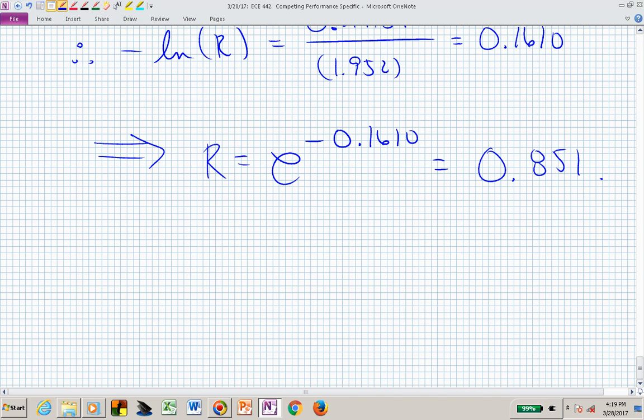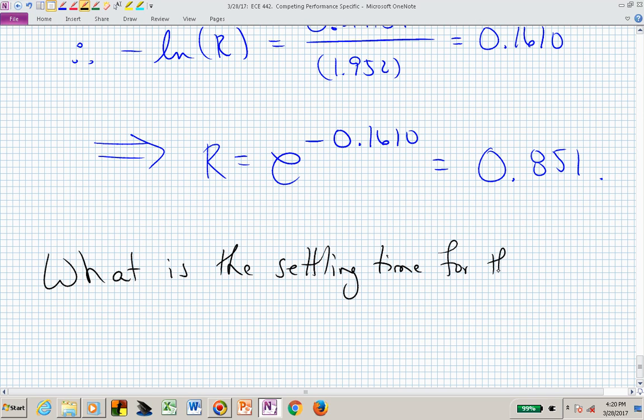So we started with our settling time spec of 500 milliseconds, producing a 0.912. Now we have an r of 0.851. What does this correspond to in terms of settling time, or what is the settling time for this new radius value r?